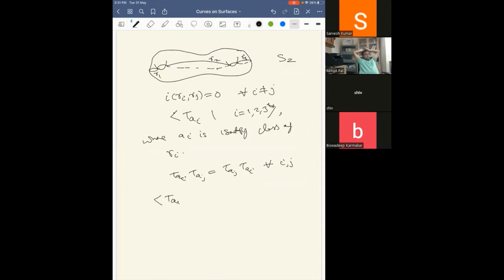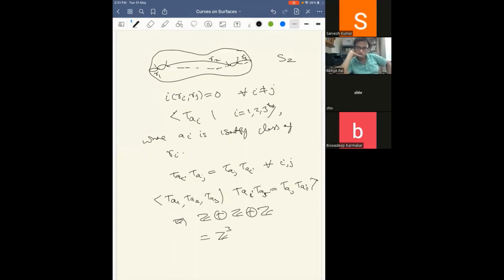The group generated by TA1, TA2, TA3, such that TAI, TAJ is the same as TAJ, TAI. So what is this thing? This is isomorphic to Z plus Z plus Z, or let's say Z^3.